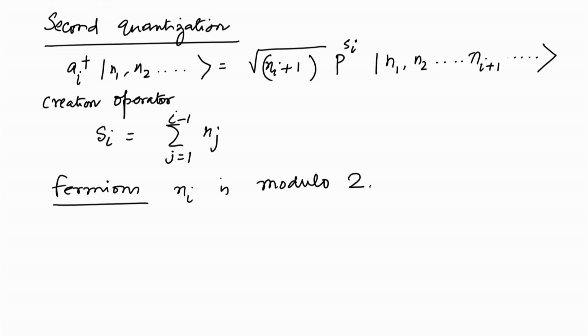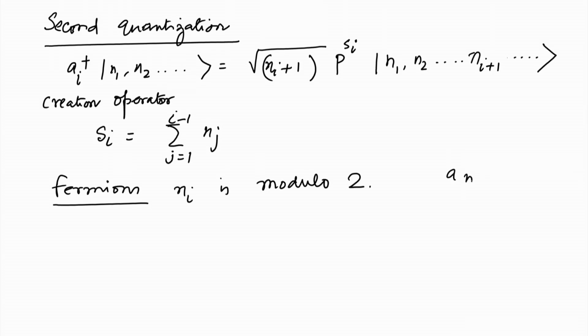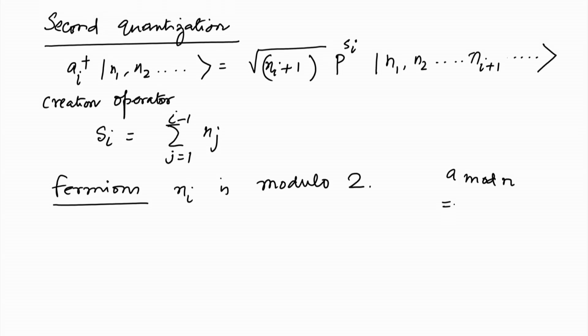So, what we mean by modulo 2 is that when you divide a number a by n, it is called a modulo n, and what it means is that when you divide a by n, the answer is the remainder of this division.